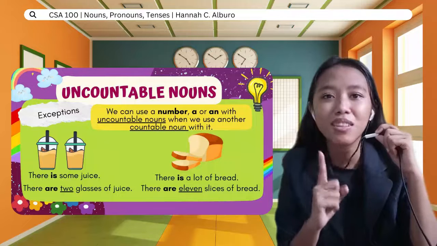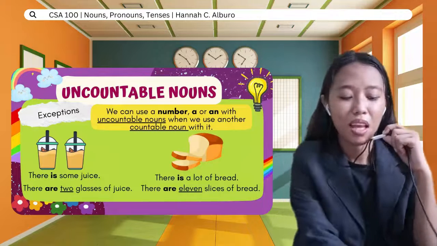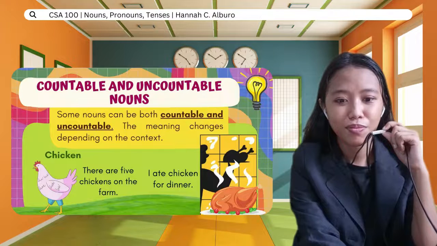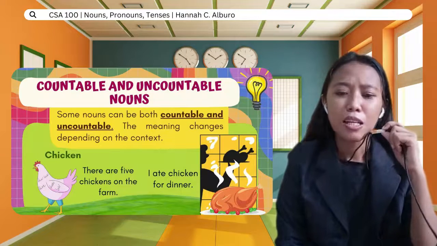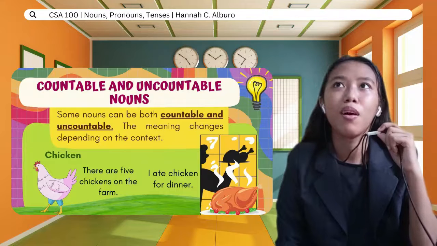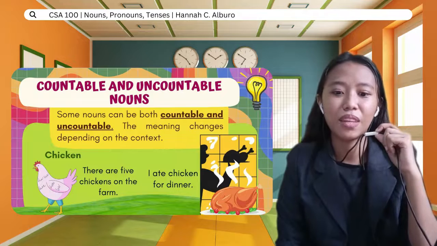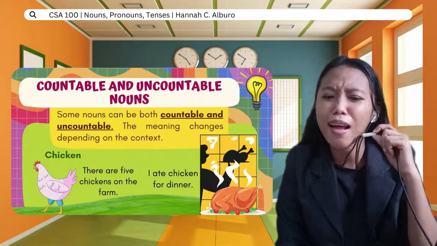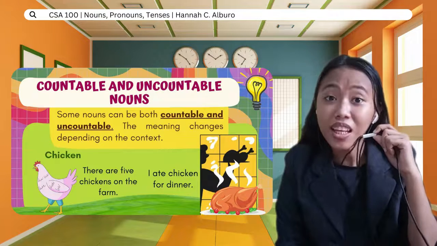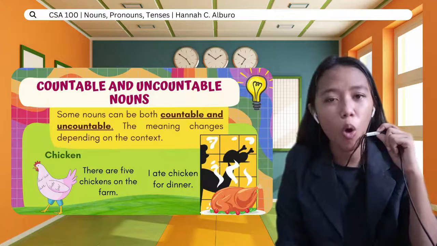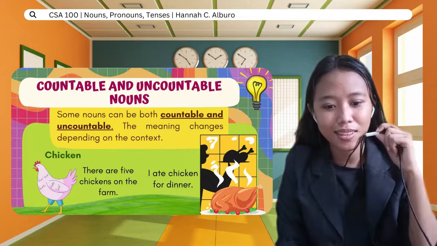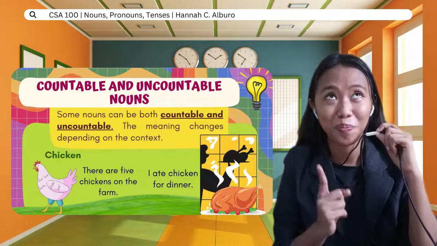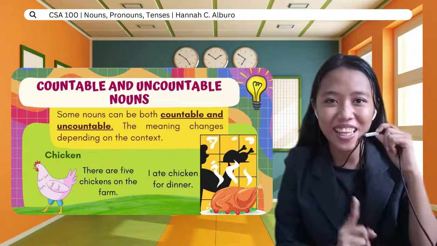But we are still not done about these 2 kinds of nouns, no? Okay. So, another consideration, no? Some nouns can be both countable and uncountable. The meaning changes depending on the context. Okay, we have here the word chicken.